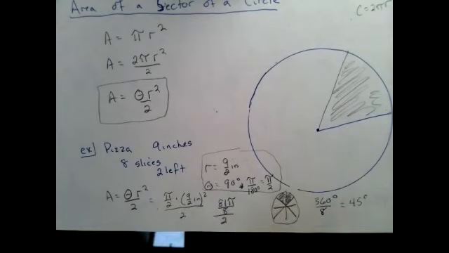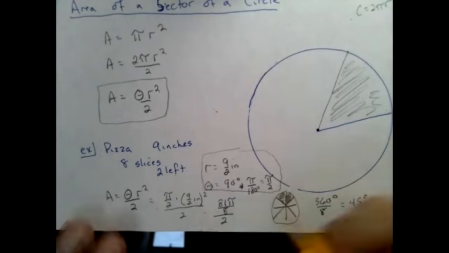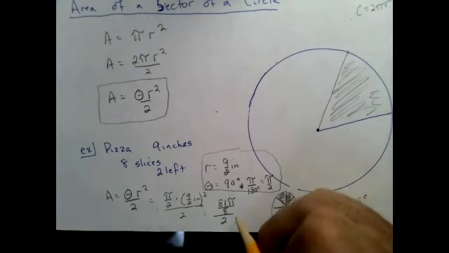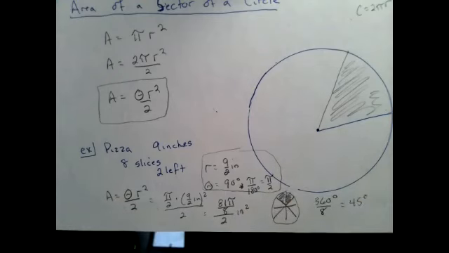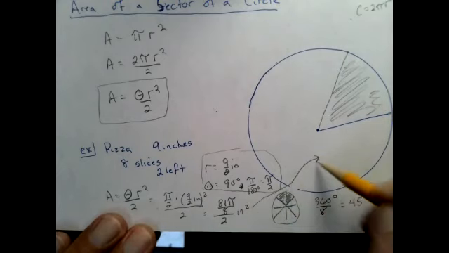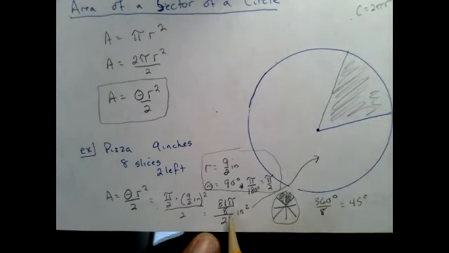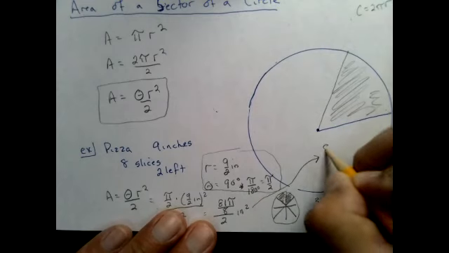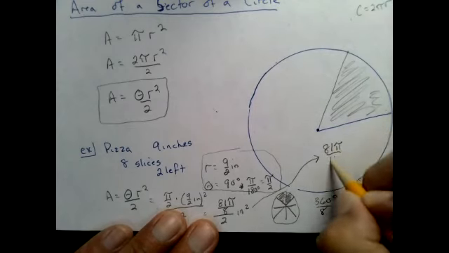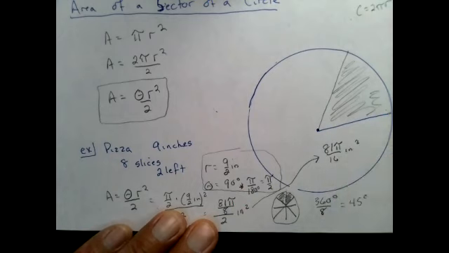Then that's divided by 2. Inches squared. Well, I've run out of room, so now I'm going to have to draw an arrow and come over into here. And I know if I divide by 2, that's the same as multiplying by 1/2. So now I get 81 pi over 16 inches squared.